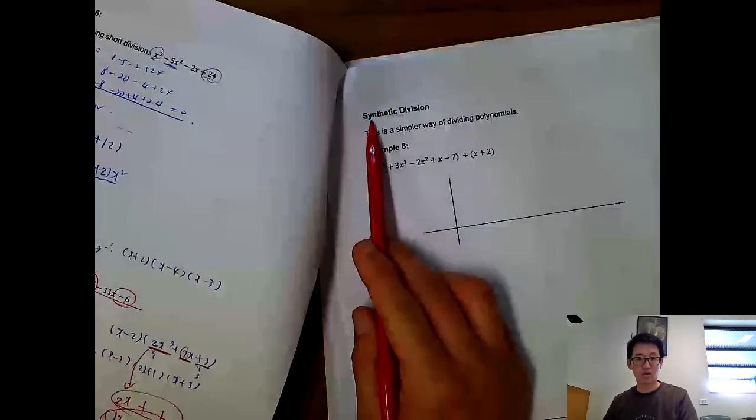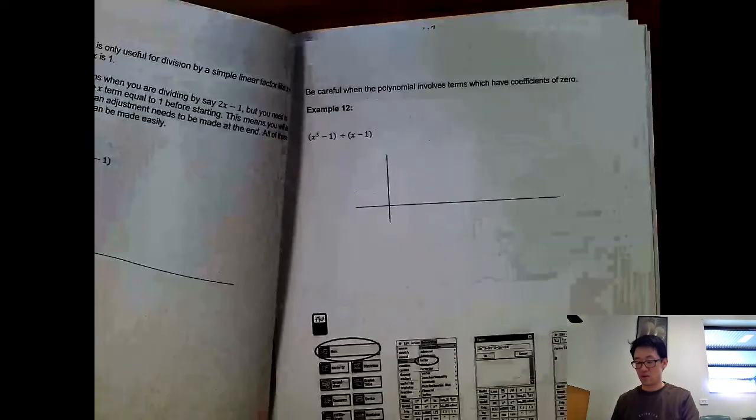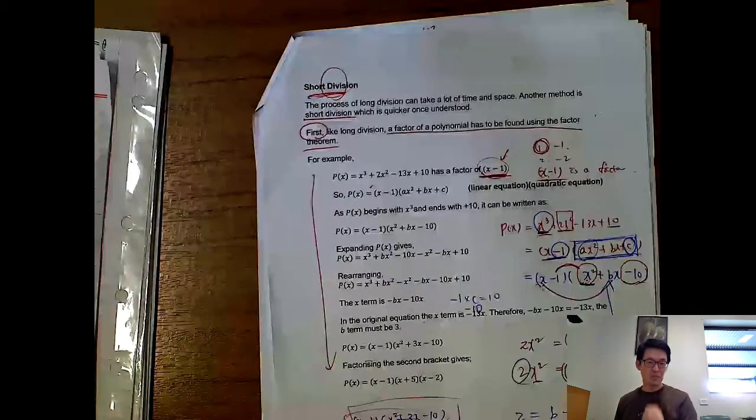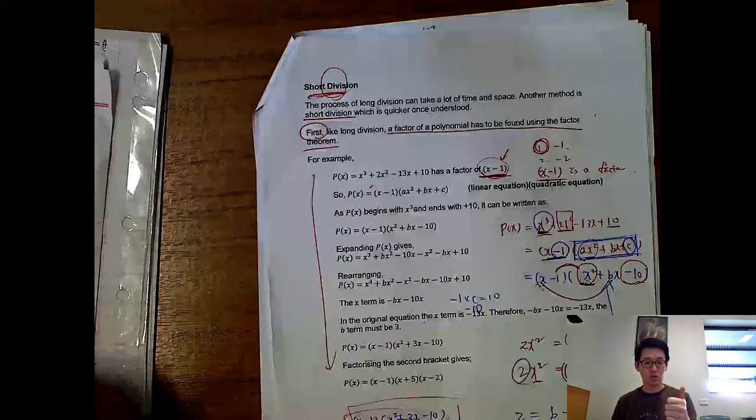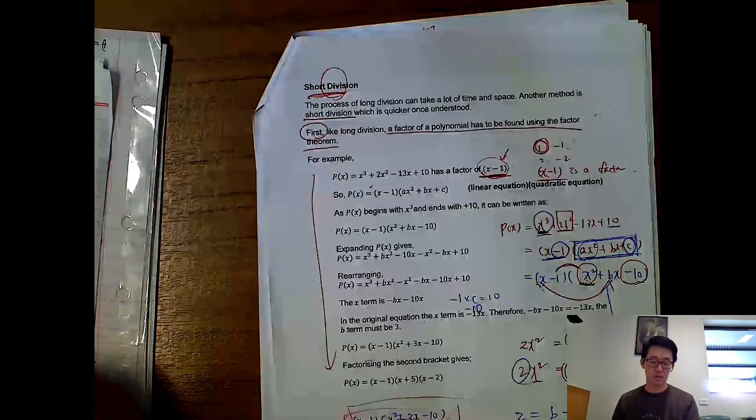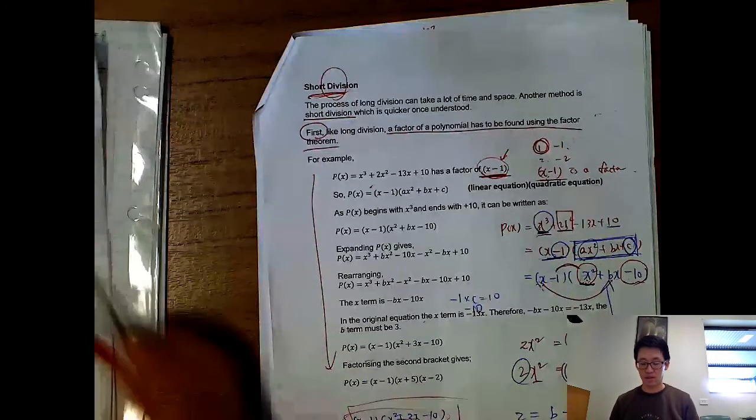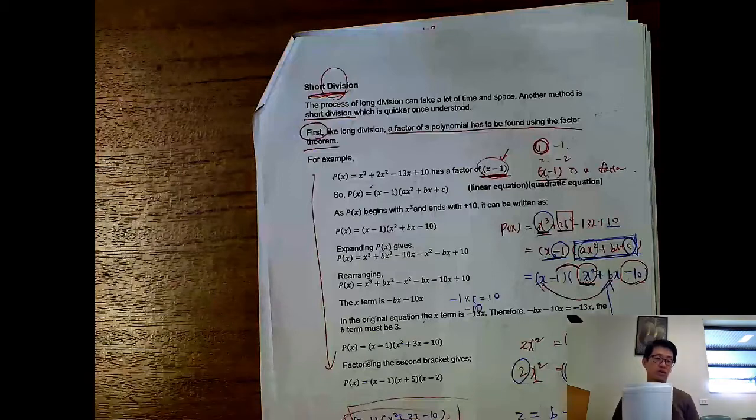I haven't done synthetic division, but you're still able to solve most of the questions unless they ask you to use synthetic. So you can solve questions using short division or synthetic, either way. This is just another way you can do it, but we should be able to do one question using long division, short division, and synthetic division. But we'll talk about synthetic next week, first class.